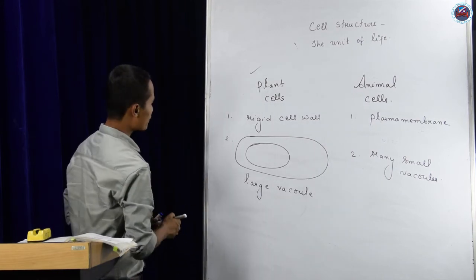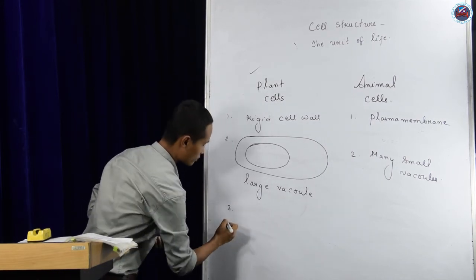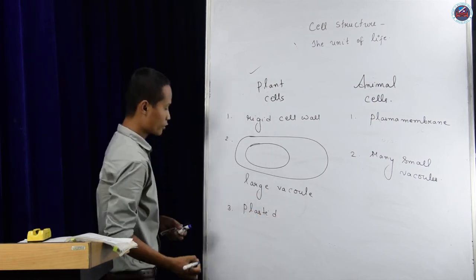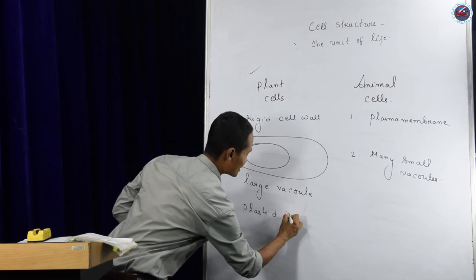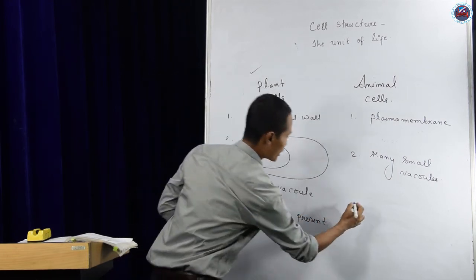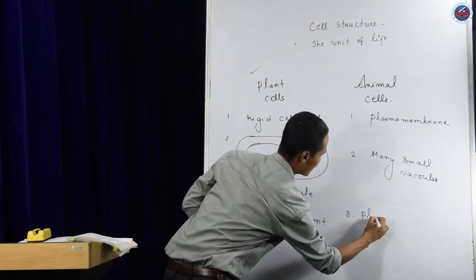The third point, the plastid is present in the case of plant cells. In animal cells, plastid is absent.